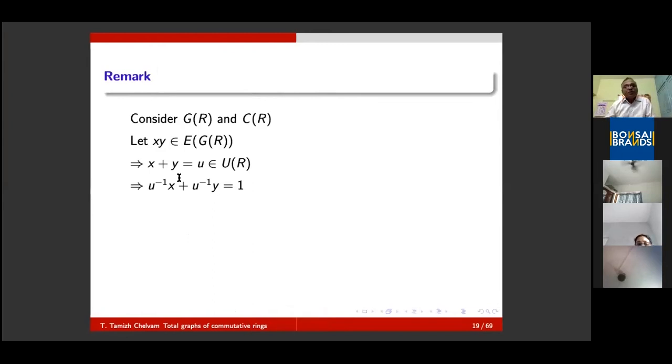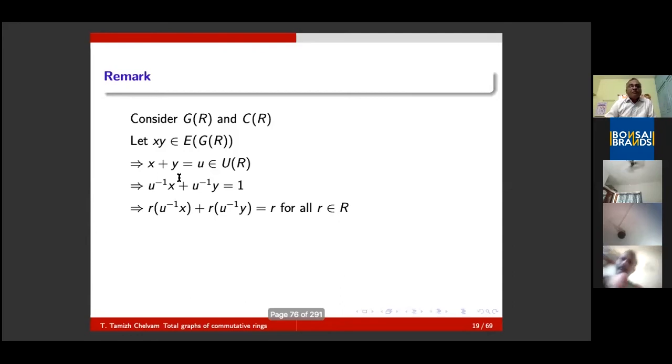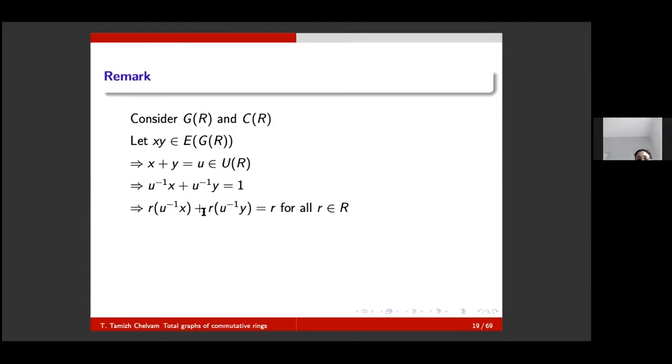Let me multiply throughout by the multiplicative inverse: U inverse X plus U inverse Y equals 1. Now for an arbitrary element r in R, I can multiply throughout by r. This gives r times U inverse of X plus r times U inverse of Y equals r. Thereby, this is an element of Rx, and this is an element of Ry, whose sum is R. Therefore, Rx plus Ry equals R.